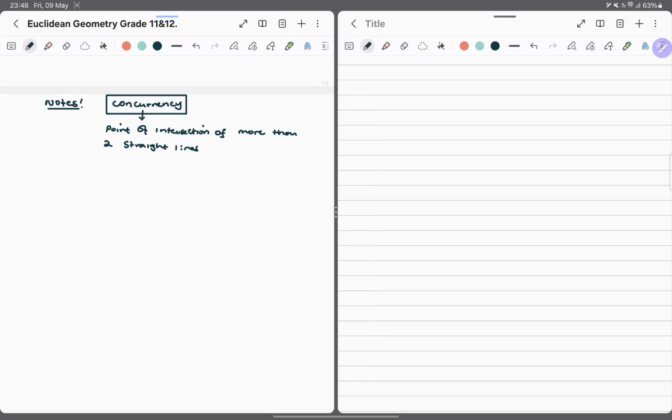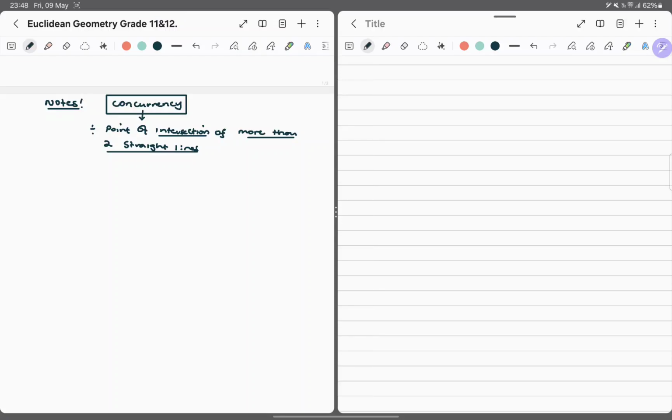Basically, the definition of concurrency is more of an intersection, keyword intersection, but this has to be more than two straight lines. Again, the type of lines needs to be clear.